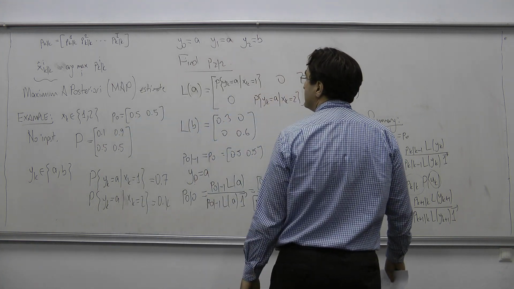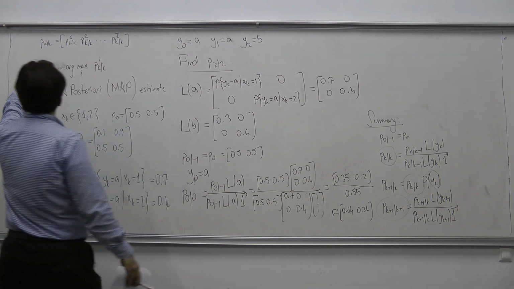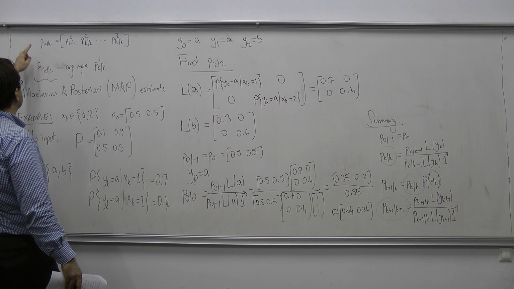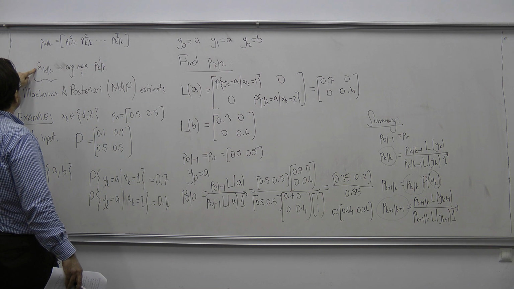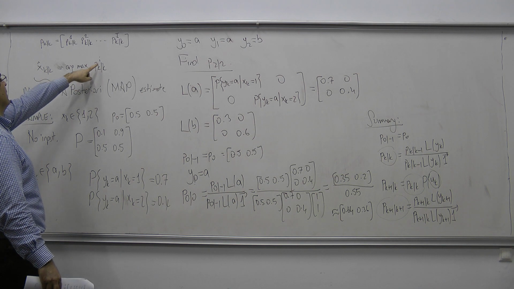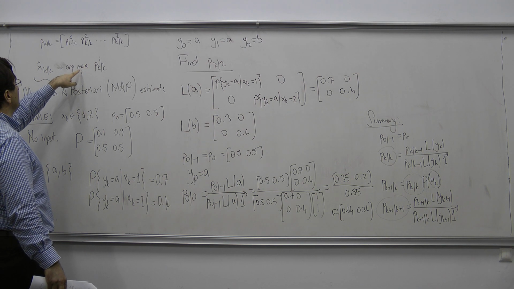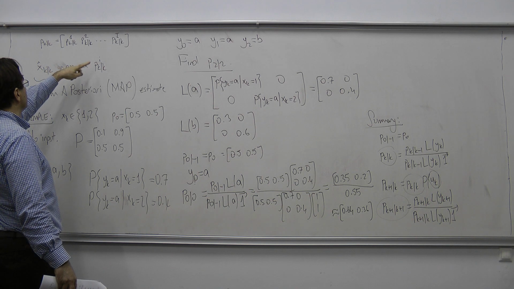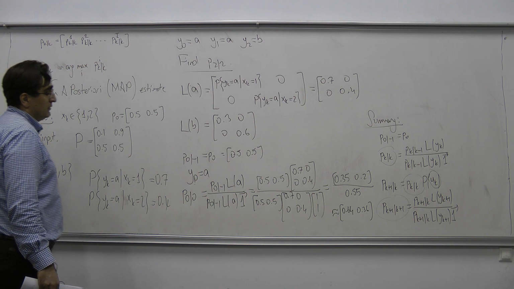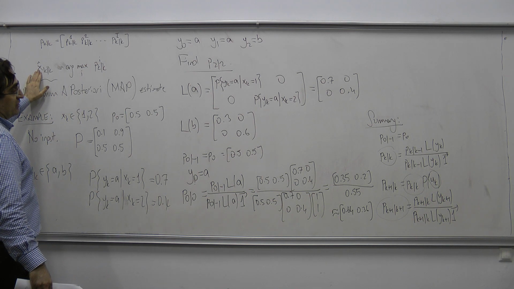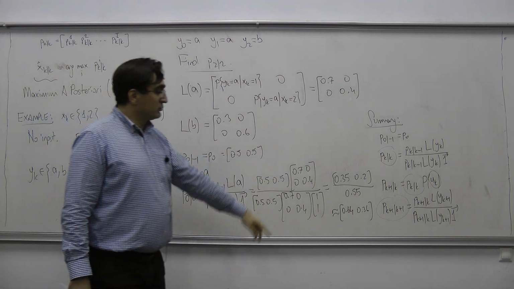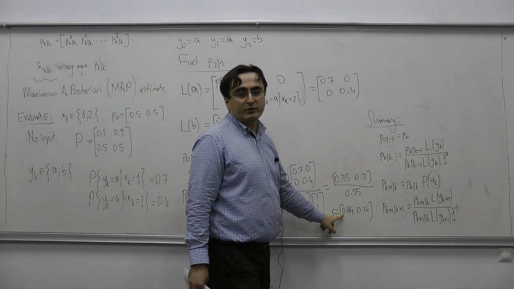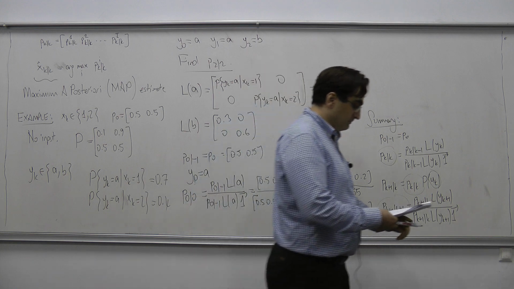By the way, here there is no i, of course. I'm really writing stupid things here. The i was the maximization variable, and when I maximize with respect to i, there is no i left. So x hat 0 given 0 is equal to 1 because it has the maximum posterior probability.